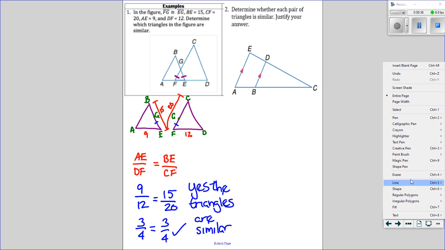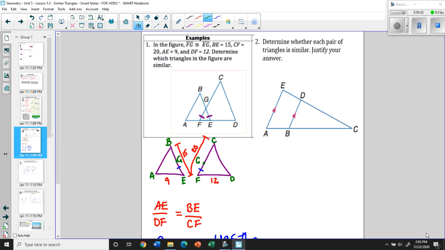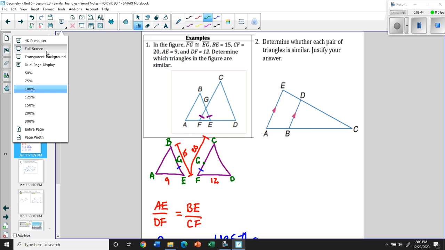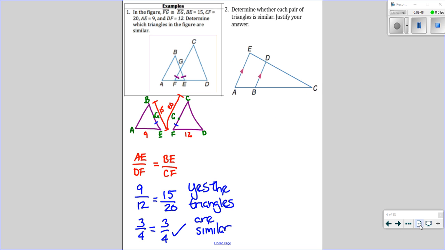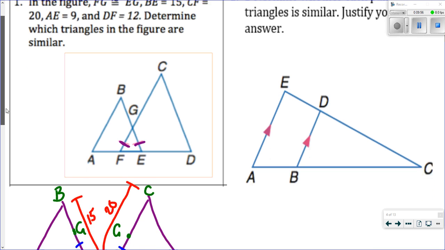All right, so the next one, they didn't give us any numbers or anything. Let me make this, oops, let me go back to the full screen. Make this wider. All right, and let me scroll this down a little bit. So they said to determine whether each pair of triangles is similar and justify your answer.